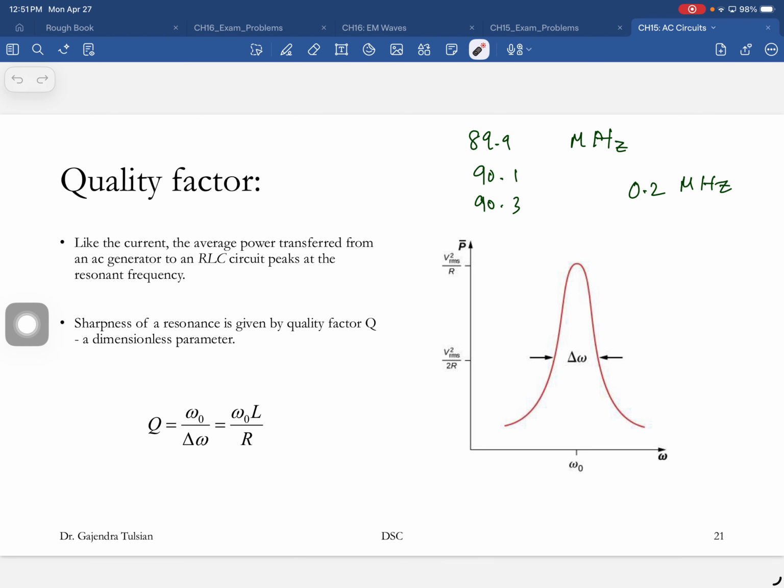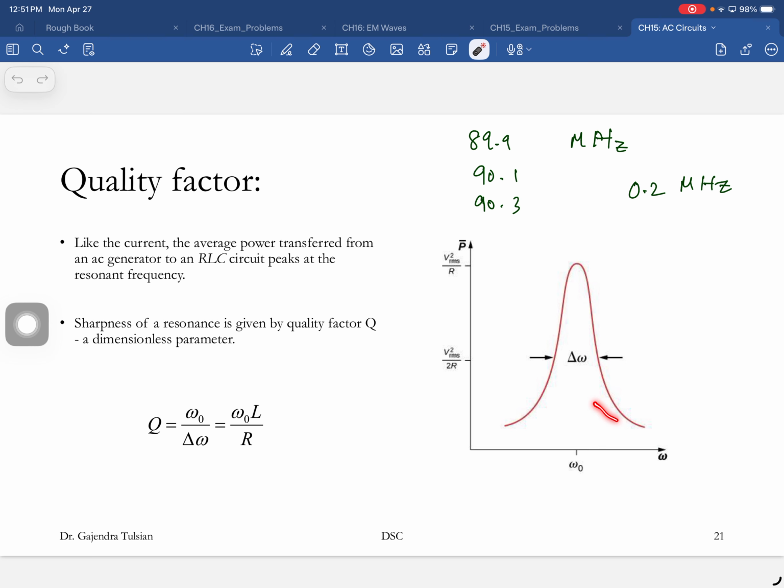The average power delivered to the circuit as a function of frequency is shown like that. At resonant frequency, that's when the maximum power is delivered. At lower frequencies, less power is delivered, and at higher frequency, less power is delivered.